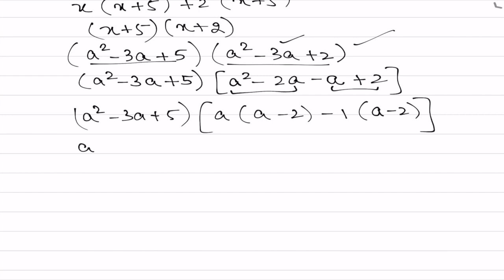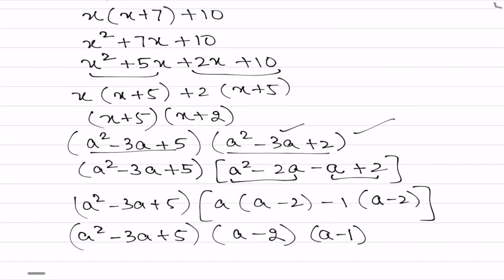So a square minus 3a plus 5 is the first factor, a minus 2 is the second factor, and a minus 1 is the third factor. So in this question we can see that the further factorization is also there. Okay, so while attempting this question you have to be very careful, can we make the further factors or not. So these are the factors.